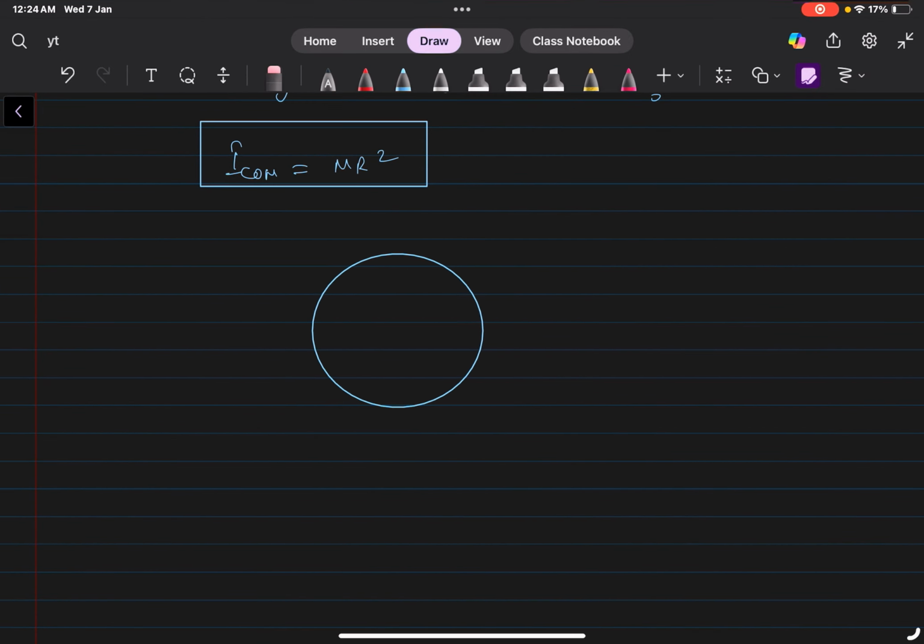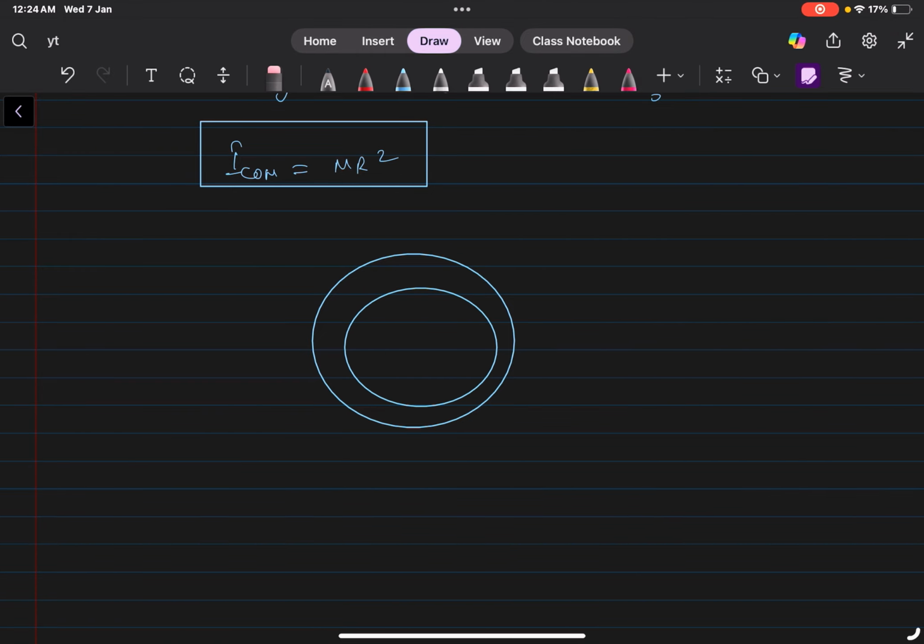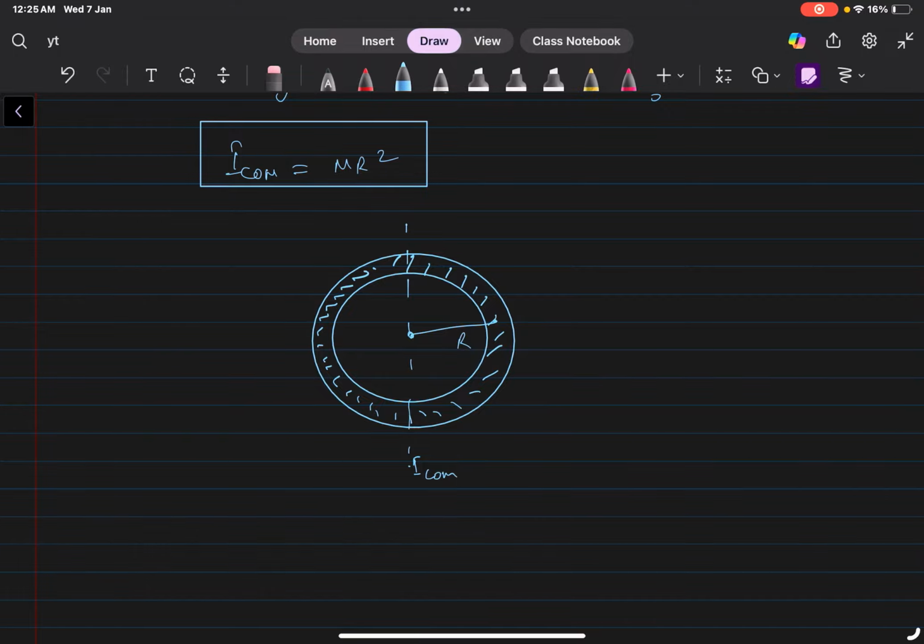So the ring looks like this. We are talking about this part.